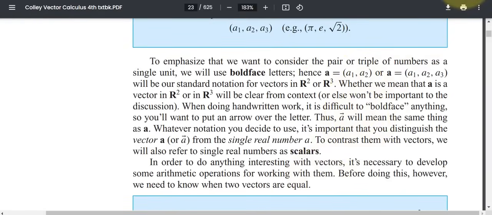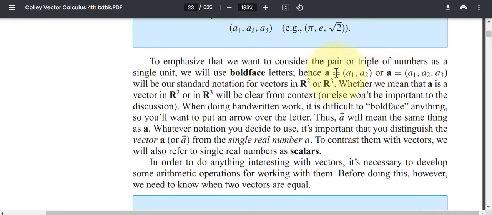Okay, then they give some notation here. They say that we're going to use bold-faced letters in this textbook. If you're writing on the board, it's hard to make a bold-faced letter, but when they're typing, they can easily make something bold. So they're going to use that notation for a vector.